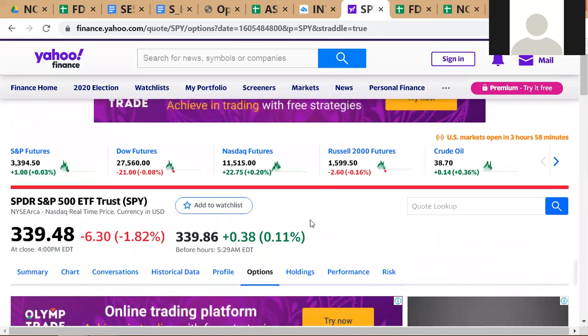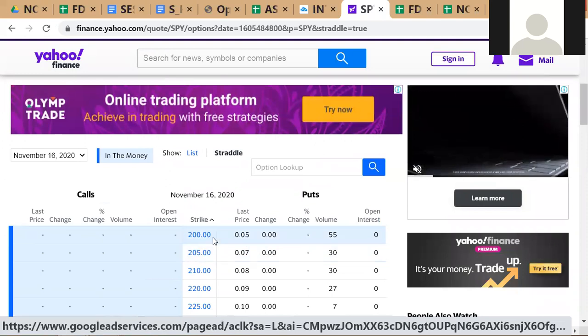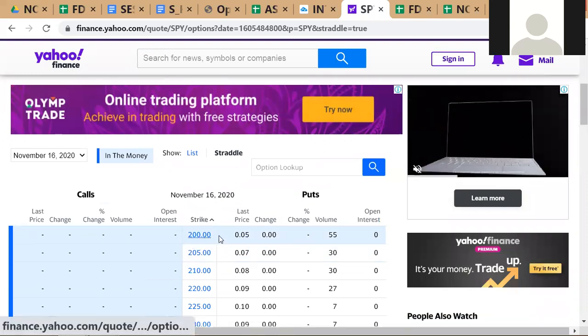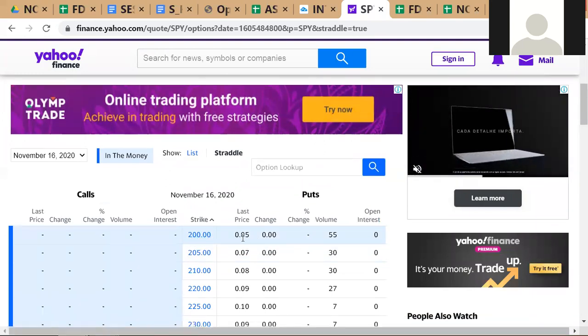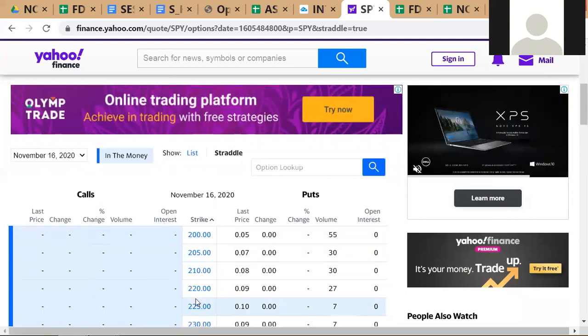I want to have an option to sell it at the price of 200. That's the strike price. The put option is the option to sell. The call option is the option to buy.